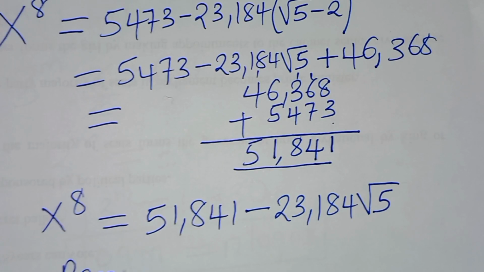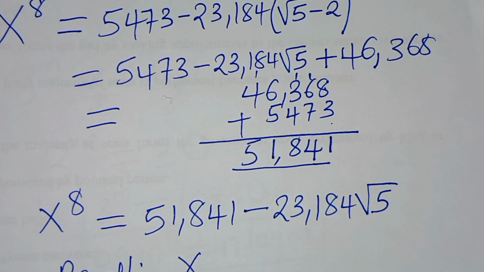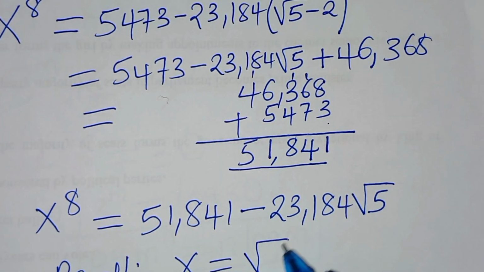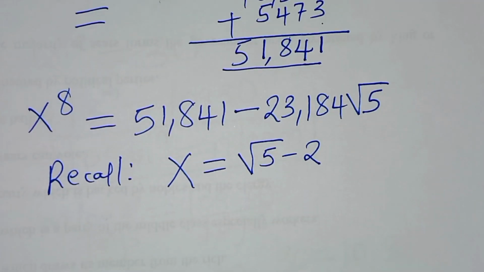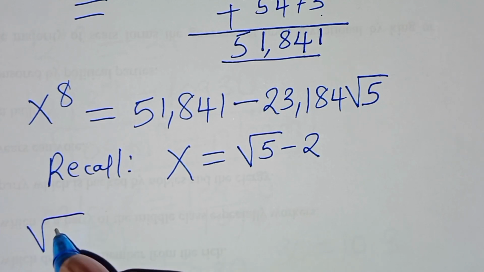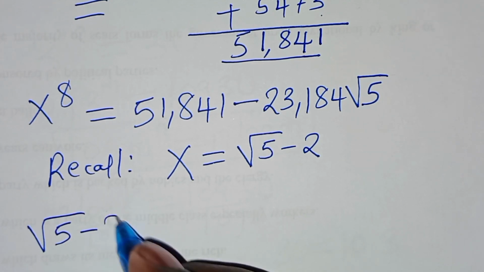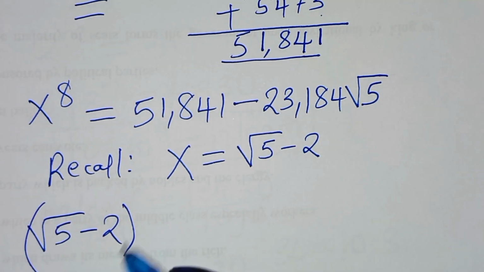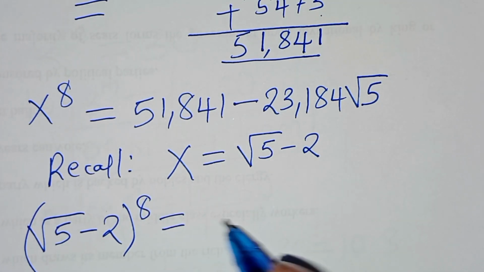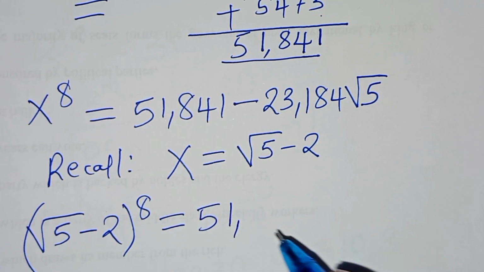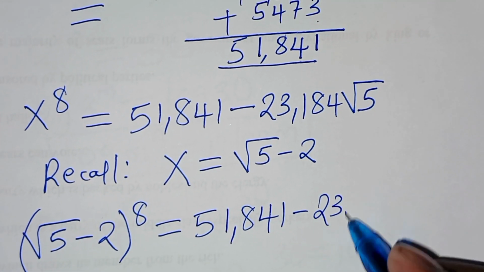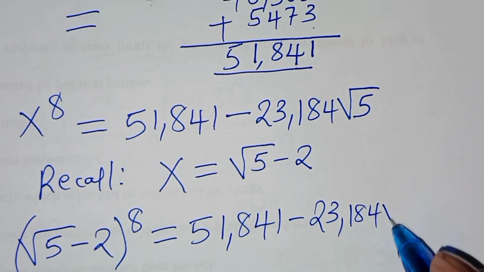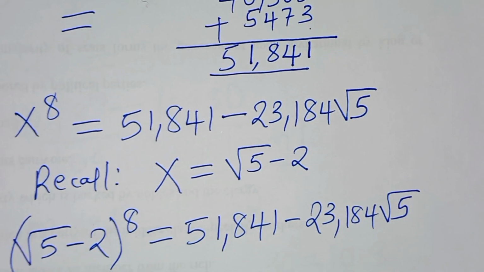If you recall here, we are saying that let x be equal to square root of 5 subtract 2. So that implies that square root of 5 subtract 2 raised to the power 8 is the same thing as 51,841 subtract 23,184 square root of 5.